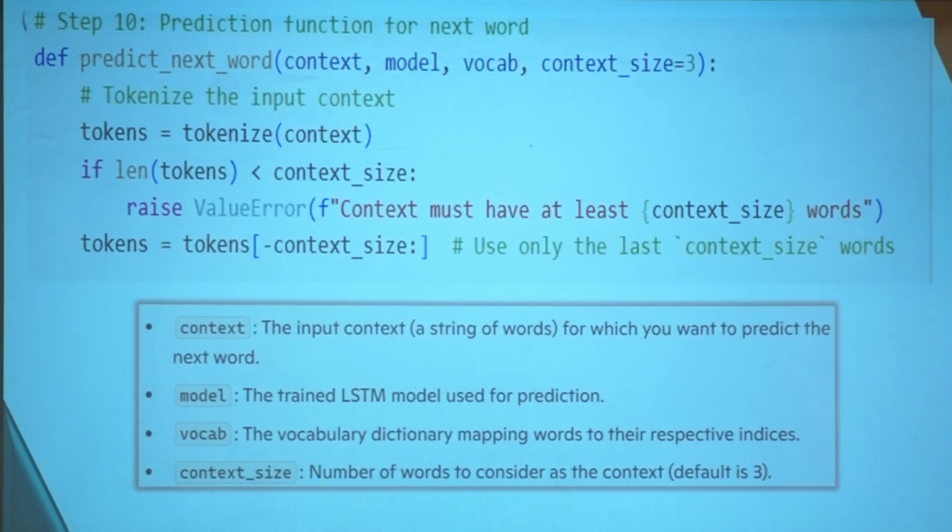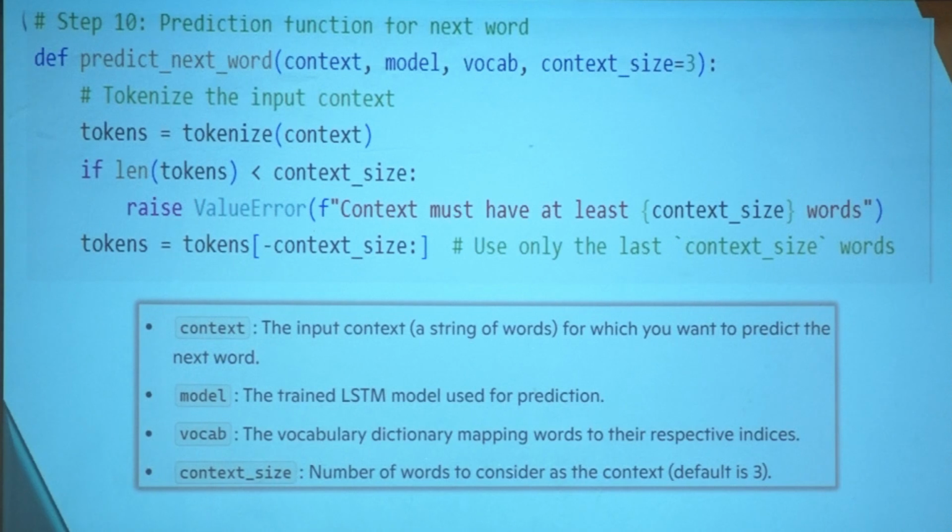So I am tokenizing the input context words that I am giving to the machine. If it is less than the minimum context size demanded, it has to generate an error. What is the minimum context size that I gave? 3. Suppose I am writing to the machine "the movie", it is not going to predict anything for me. It has to give me an alert or an error. So what am I printing? Raise a value error.